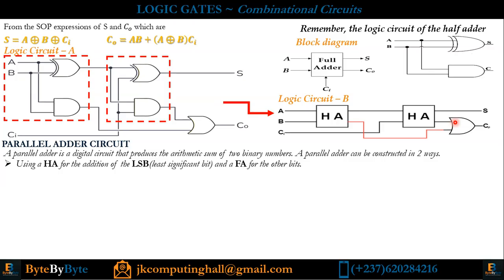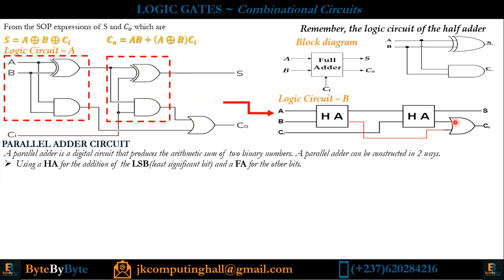Using a half adder for the addition of the least significant bit and a full adder for the other bits, meaning that if, for example, I am adding two binary numbers, each having 5 bits, for the least significant bit, I must use a half adder. Then for the rest of the 4 bits, I use full adders for each of them. That is why in paper 1, they might ask you, in the addition of two binary numbers, each of n bits, how many full adders and half adders can be used?